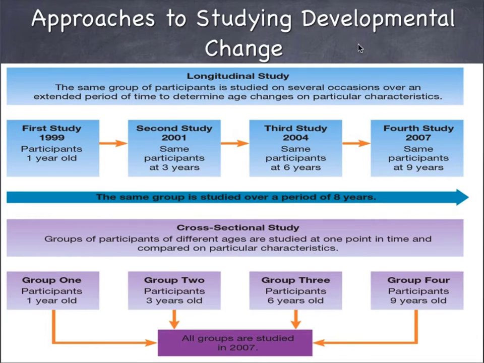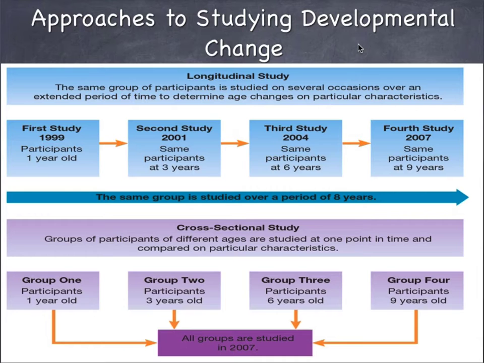And you want to be able to use cross-sectional studies. This is where groups of participants of different ages are compared on various characteristics to determine age-related differences. And this is what they've done over many years to develop these theories and therefore also patterns about how we develop over a lifespan.